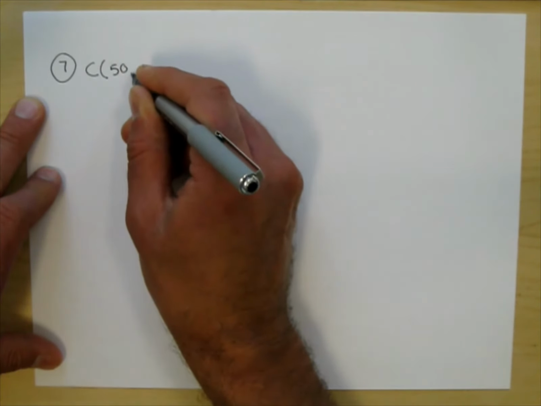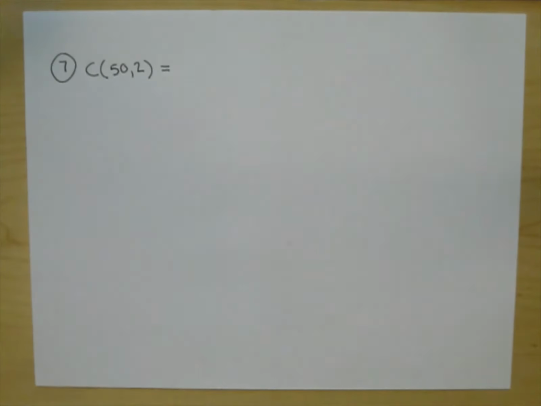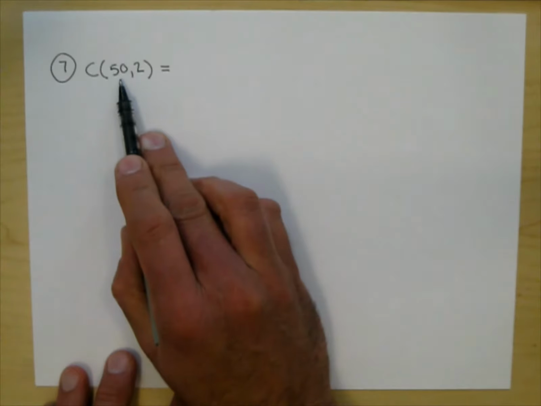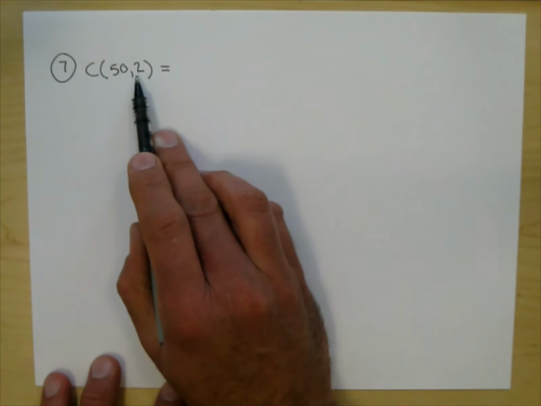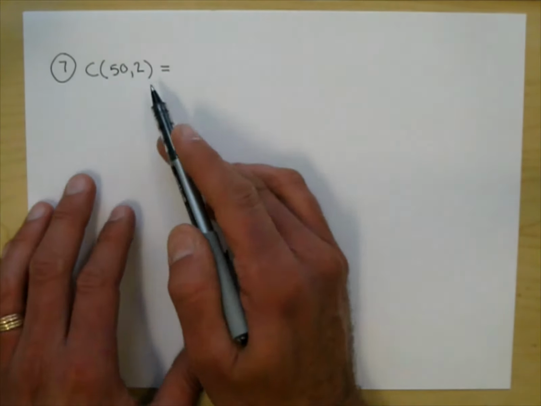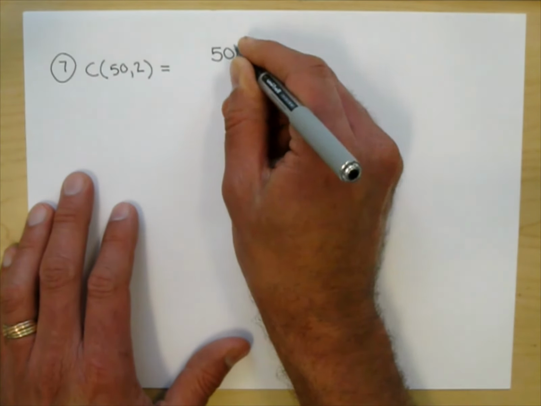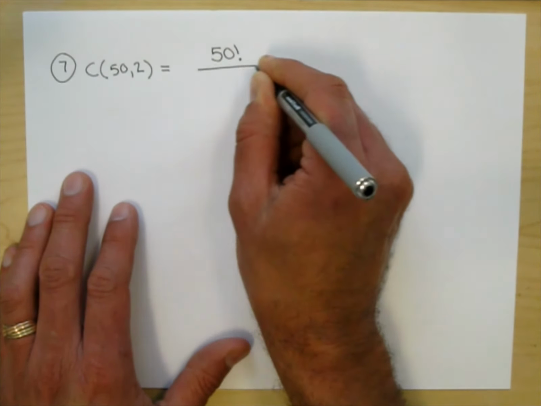It is 50 choose 2. So that's quite big. I mean, the ice cream shop has 50 flavors. You're going to choose 2 of them. A double for a cone where order does not matter. So how many ways can that happen? Let's go ahead and put 50 factorial on the top of the fraction. We're using that formula.